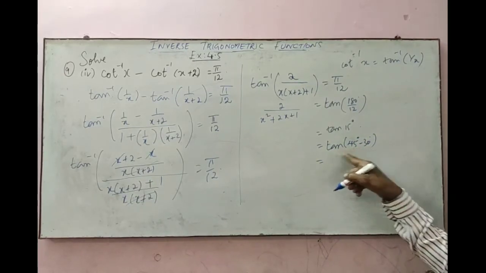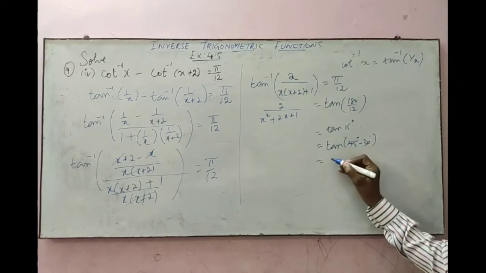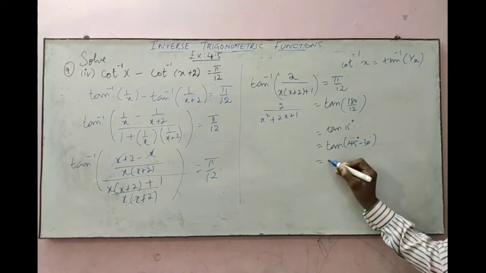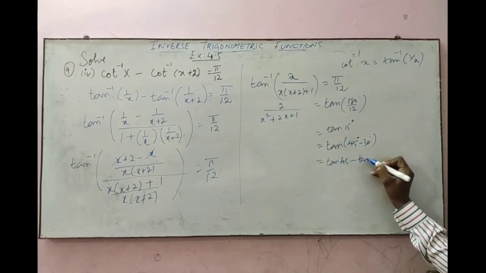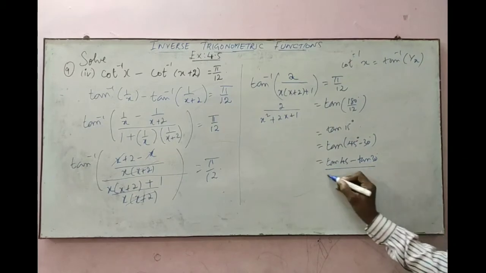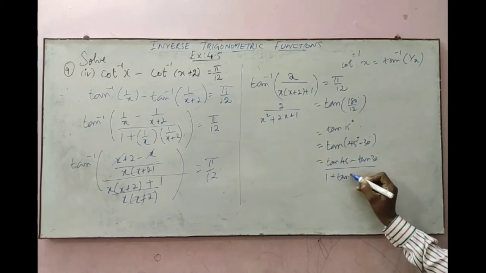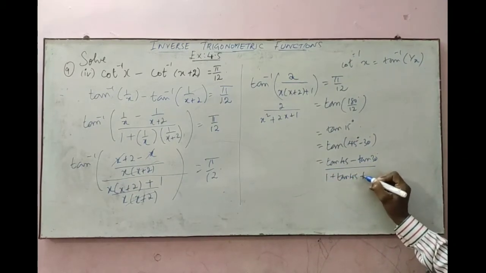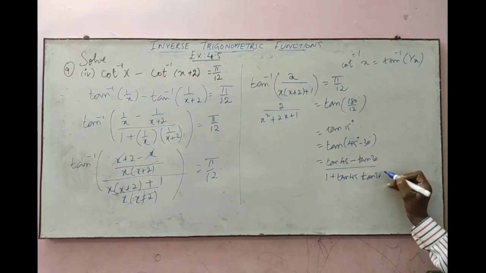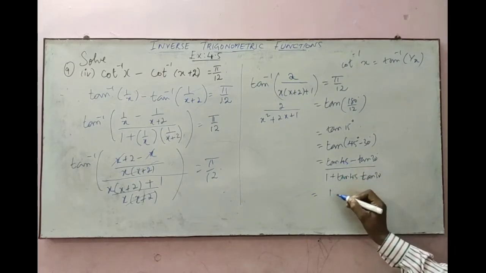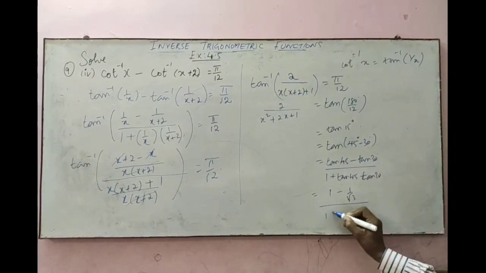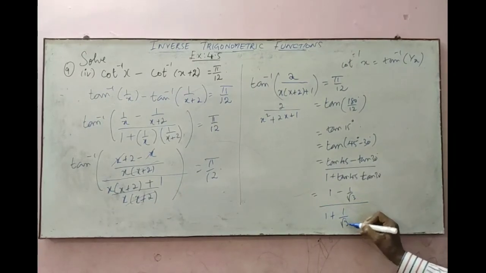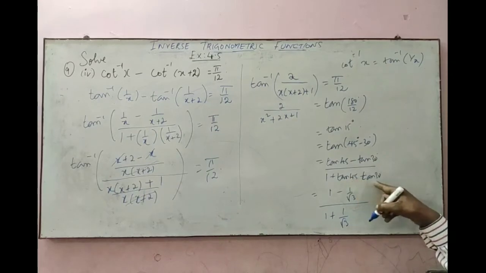This is in the form of tan (A minus B), so we can write this as (tan A minus tan B) by (1 plus tan A into tan B). So tan 45 is 1, minus tan 30 is 1 by root 3, by 1 plus tan 45, which is 1, into 1 by root 3.